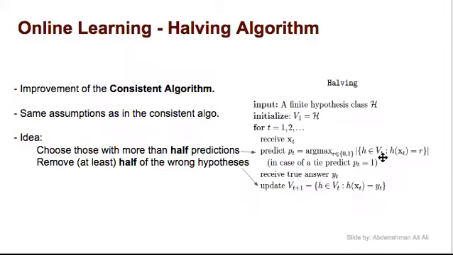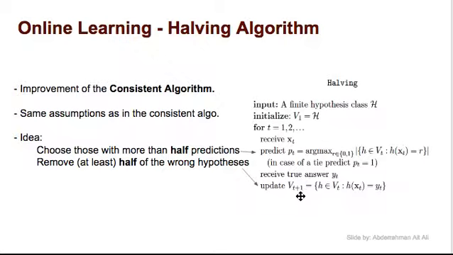Then we receive the true label, and we update our set of feasible hypotheses, just like in the consistent algorithm.